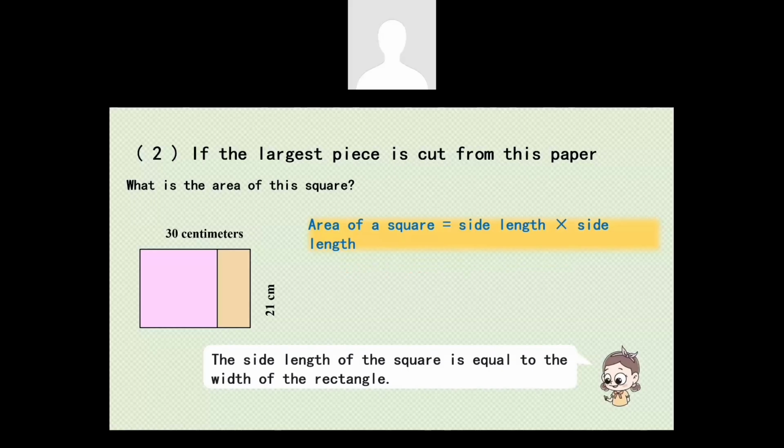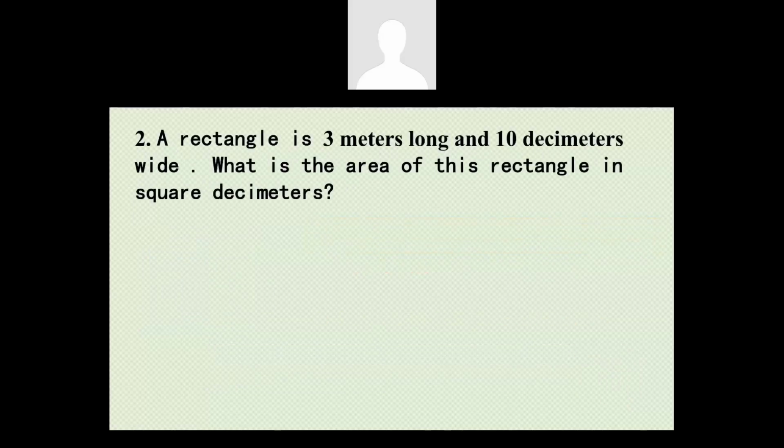Very good. And the area? 21 times 21 equals 441 square centimeters. Correct. Key idea: the largest square uses the shorter side as its side length.